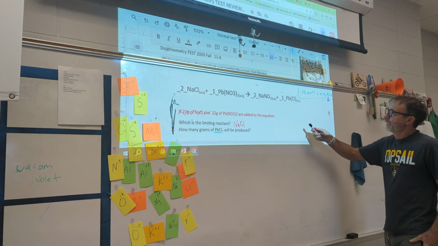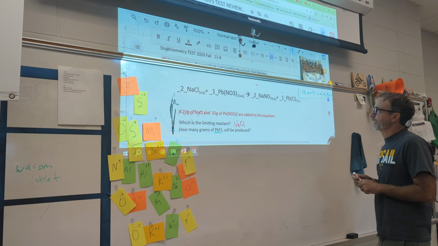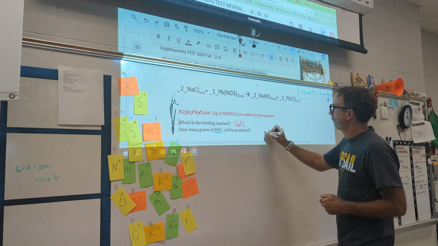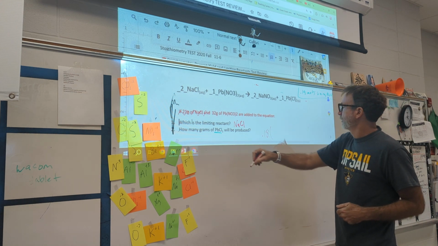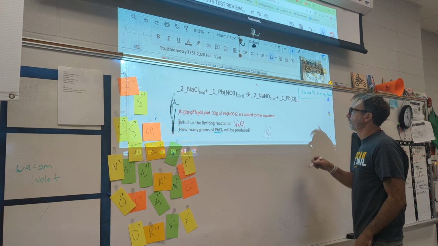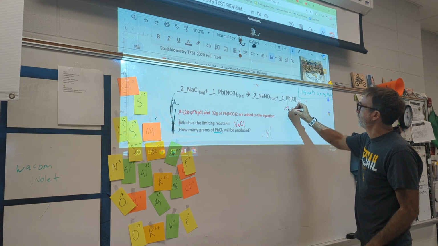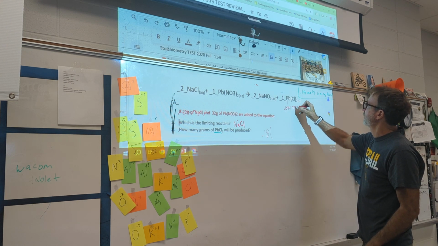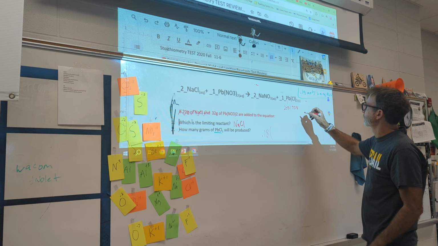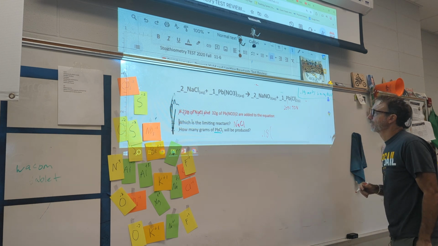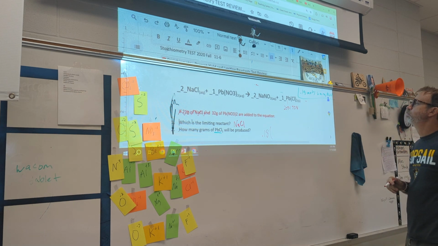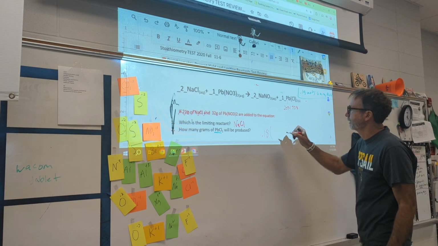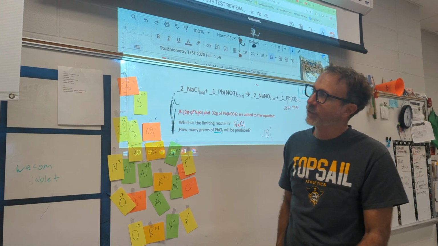0.18 moles of lead 2 chloride. So 0.18, how many grams? PbCl2, that's going to be 207 plus 70.8, 277.8, I guess. Am I right with it being 207? Yeah.